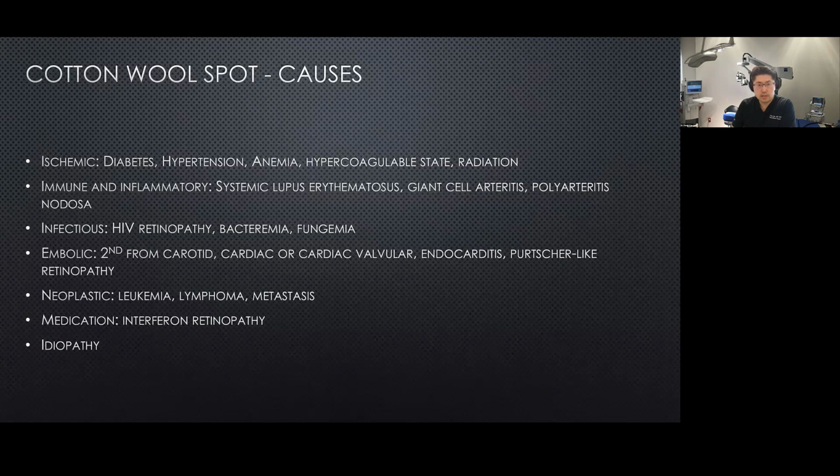Now, in any circumstance when you see cotton wool spots, the patient warrants a workup, because any cotton wool spot is abnormal, although there are idiopathic cases. It certainly warrants screening for diabetes, hypertension, anemia, or your basic CBC. And for cases that are warranted or have potential history, try to rule out HIV, endocarditis, and of course, leukemia.